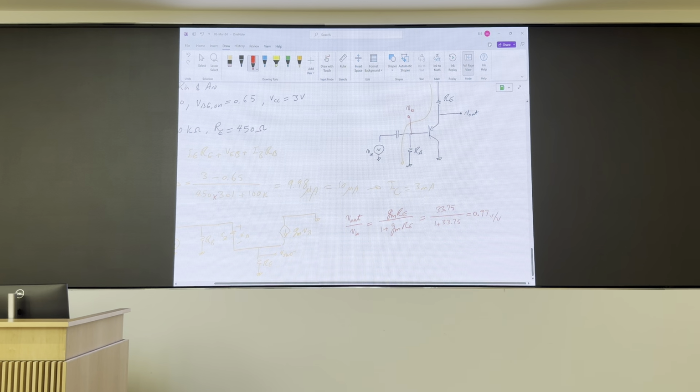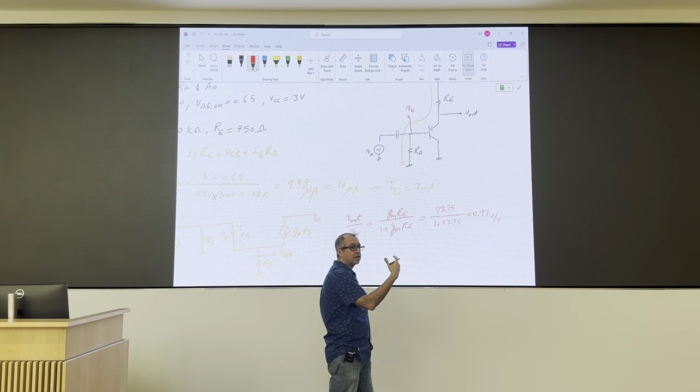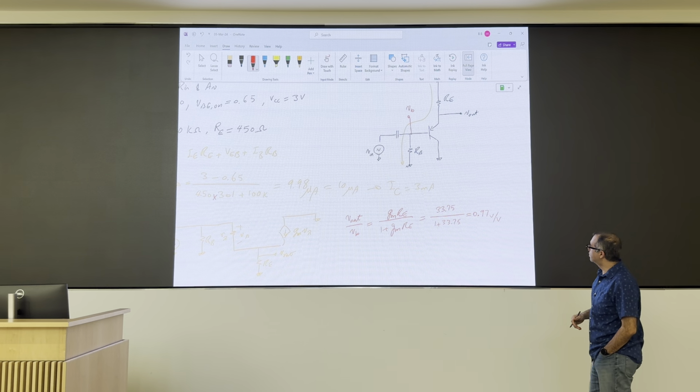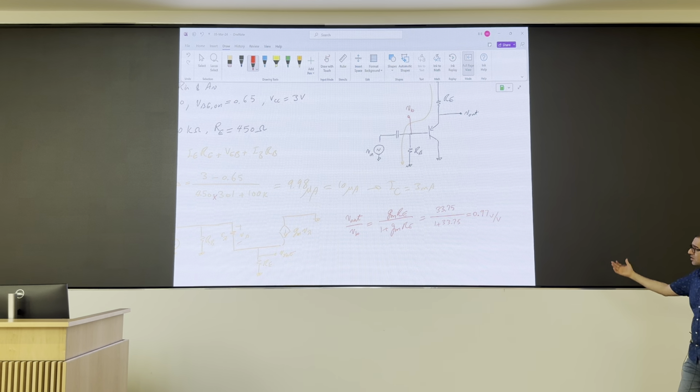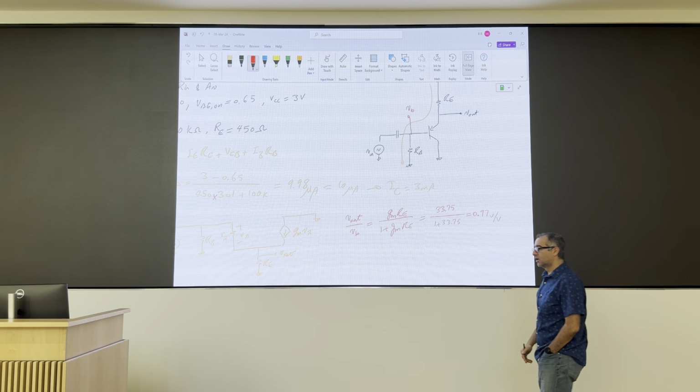I usually write the unit as volt per volt to just indicate that this is a gain. This is not just a random number, it's a gain, a ratio of 2 voltages. And that's going to be my V out over V in. So life is easy in this. Good.